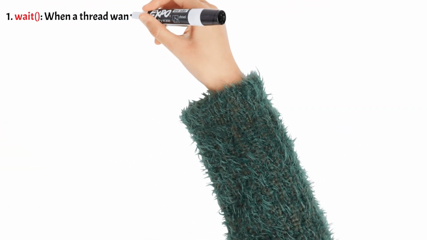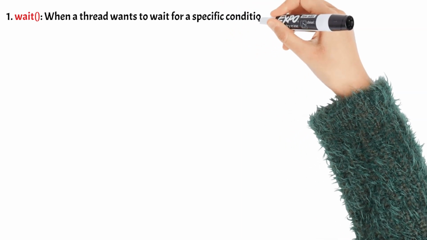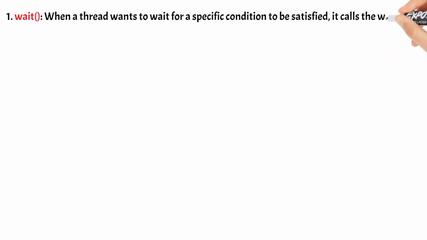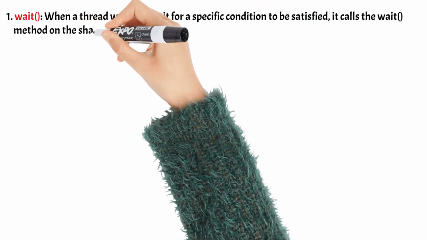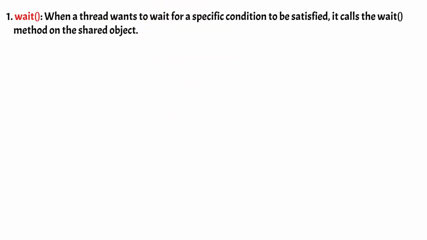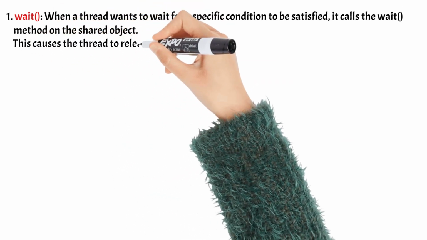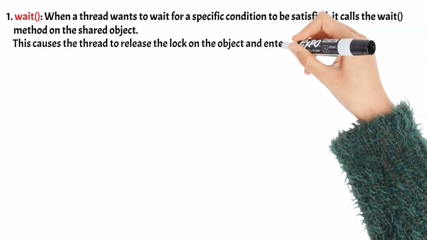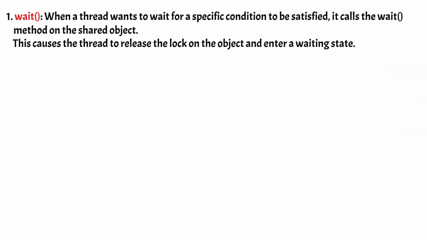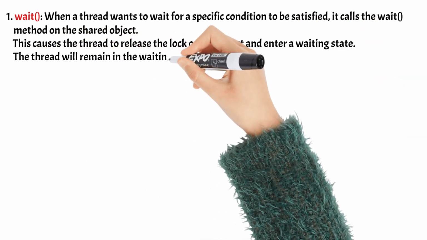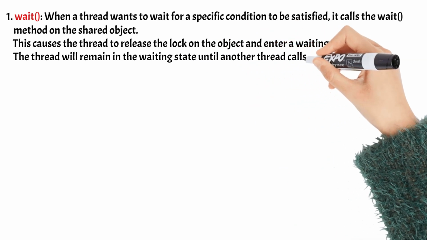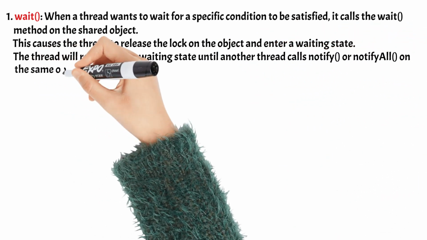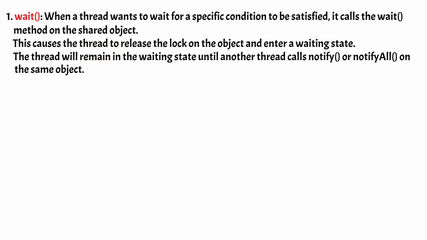Wait. When a thread wants to wait for a specific condition to be satisfied, it calls the wait method on the shared object. This causes the thread to release the lock on the object and enter a waiting state. The thread will remain in the waiting state until another thread calls notify or notifyAll on the same object.